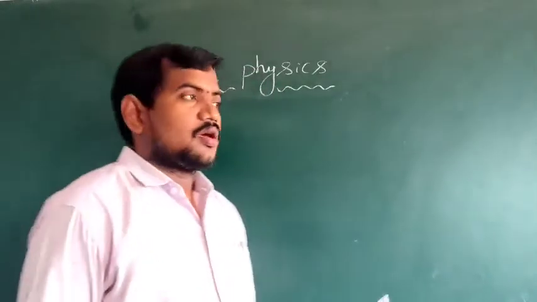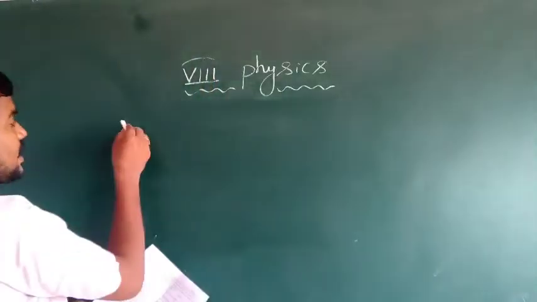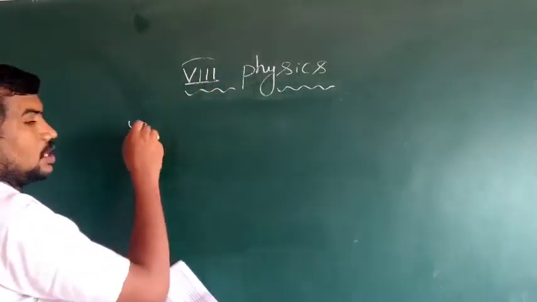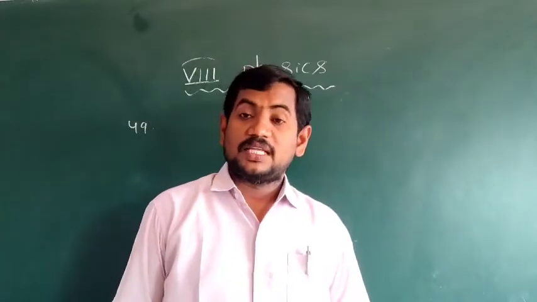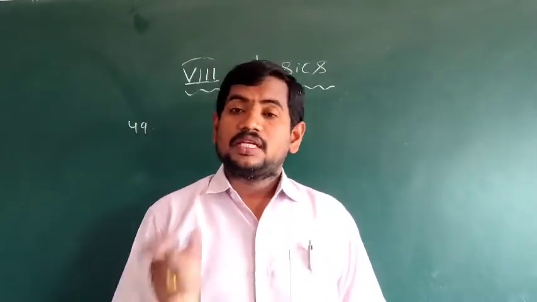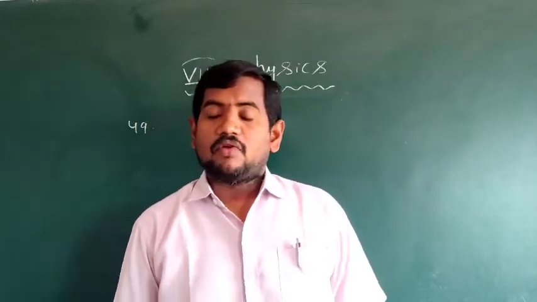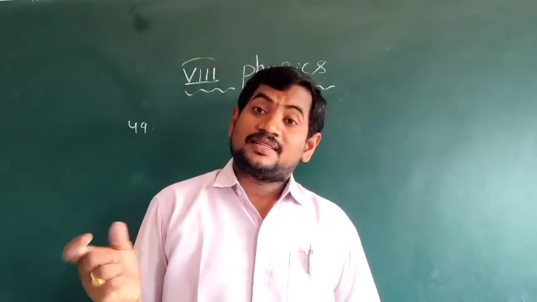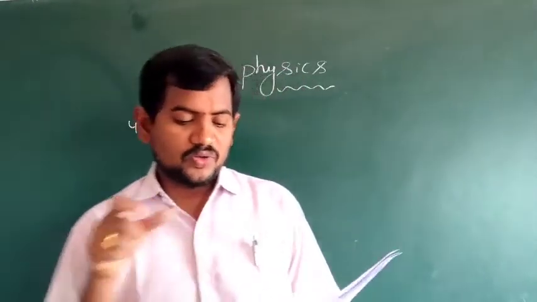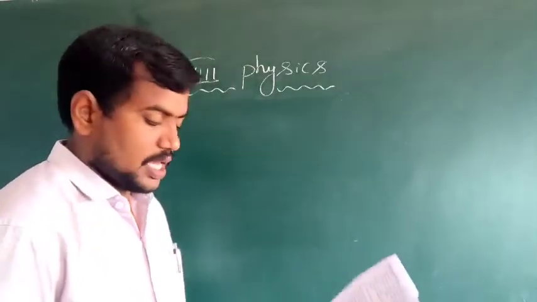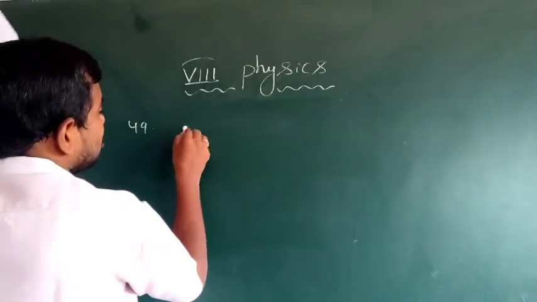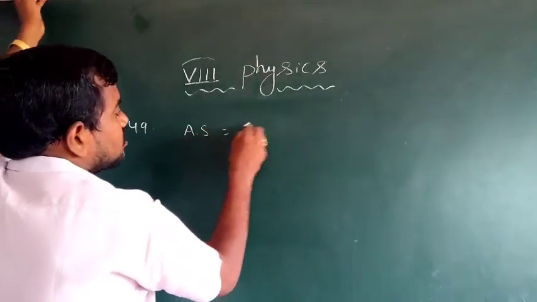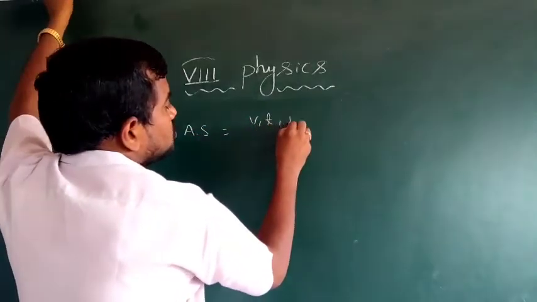In the case of average speed, we have seen case 1, case 2, case 3: when speeds and time intervals are given, when distance and time intervals are given, and when distance and speeds are given. Here we have speeds and time intervals, so we use that average speed formula that we have already seen.